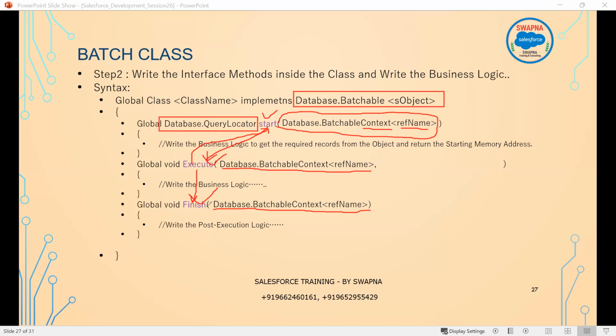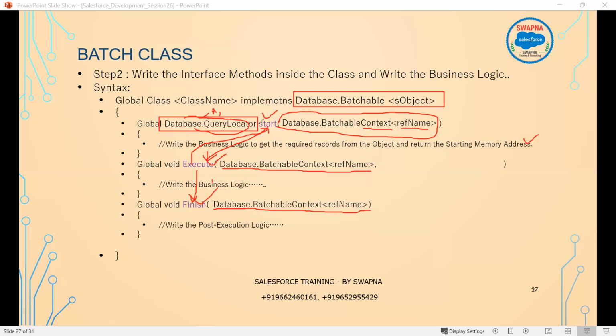Now the start method is querying the data, and the Database.QueryLocator is dividing the data into small pieces. The data has to be passed to the execute method. It might be querying the Account record, a custom object, or a different object, right? How will the execute method know which object it is querying, because inside it I have business logic to perform?